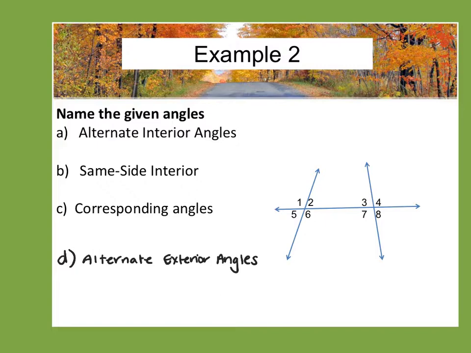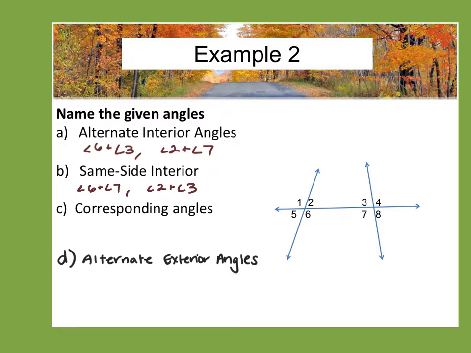Okay, so who can give me the alternate interior angles? Lewis. Angle 6 and angle 3 and angle 2 and angle 7. Good. How about same side interior? Gio. Angle 6 and 7 and then angle 2 and 3. Good. Corresponding. Go ahead.